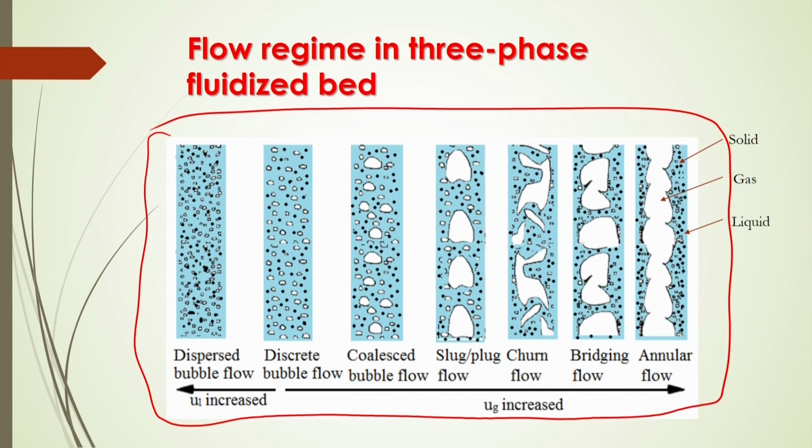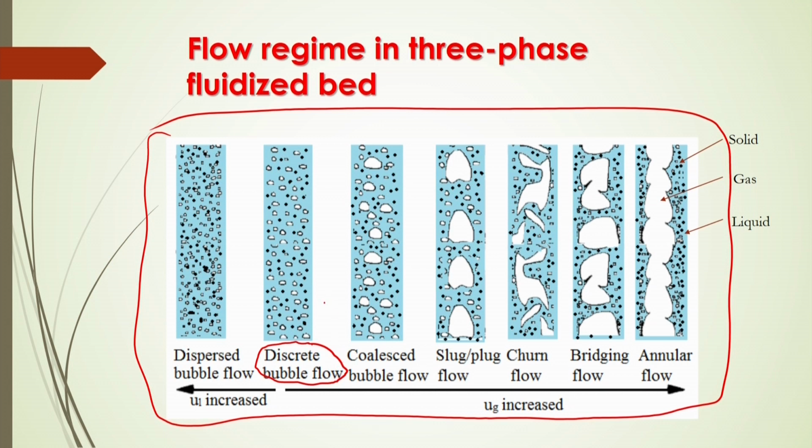In this case, bubbles are dispersing in a uniform fashion, and all the bubbles are almost uniform in size throughout the bed, and gas will be dispersed as a dispersed phase of these uniform bubbles along with the solid particles. And then if you increase the liquid velocity for this low gas velocity, you will get another dispersed bubble flow. It is called discrete bubble flow.